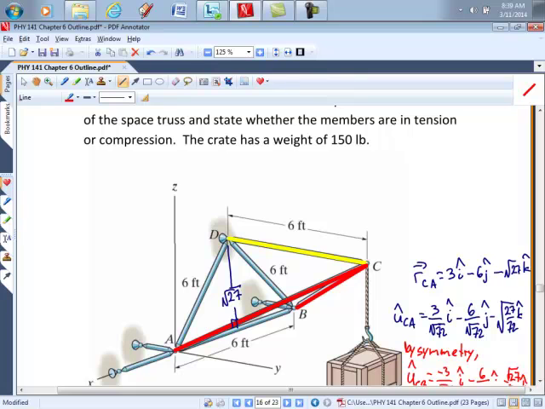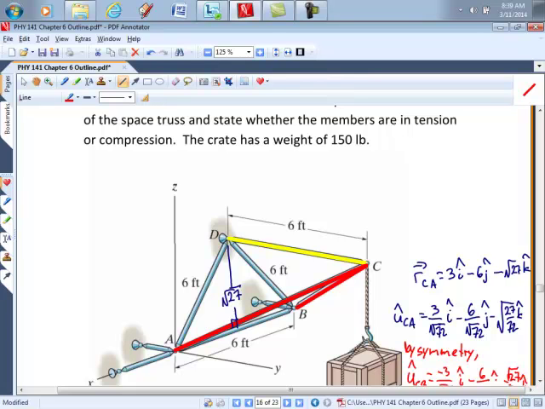D has the reaction, right, I actually have 5 unknowns at D. I have 3 components of reaction, and then I have these 2 tension or compression. At A, I actually have 4 unknowns, because I'm going to have an X and a Y reaction, and I'm going to have AB and AD. So A wouldn't be a good choice either.